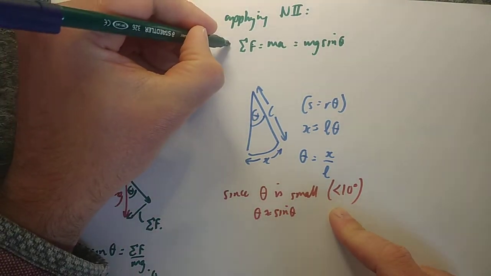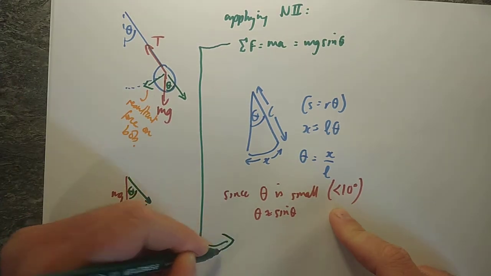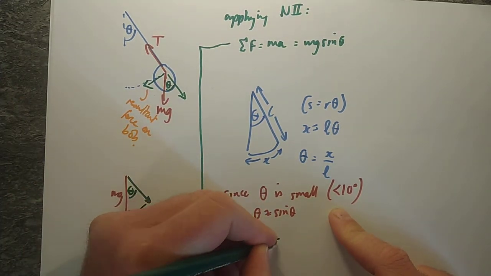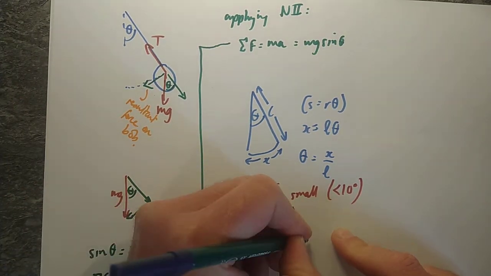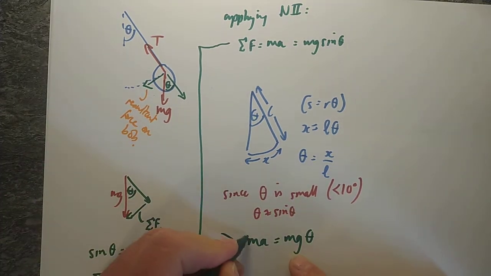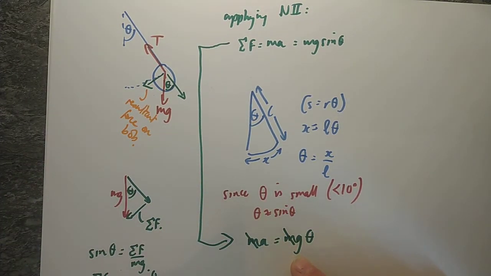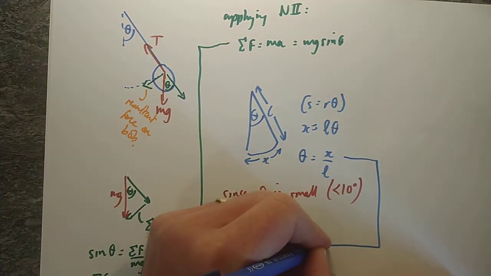So I can take this equation from up here, and I can go ma equals mg theta. I can cancel the m's, and I can then substitute in for theta from here.